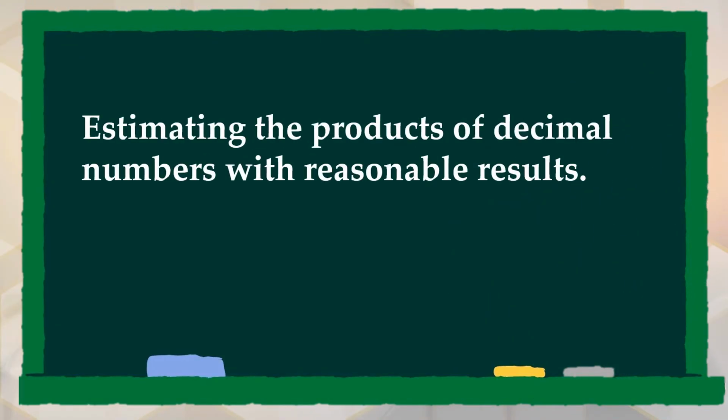This time, let us discuss our first topic, which is all about estimating the products of decimal numbers with reasonable results. Estimating the product of decimal numbers is very useful. It can save time as you give an immediate response that is close to the exact answer.